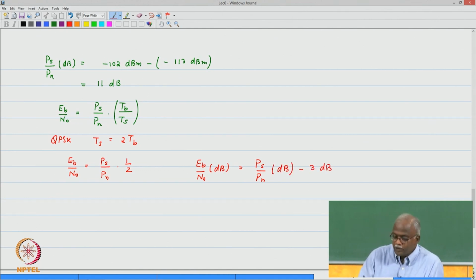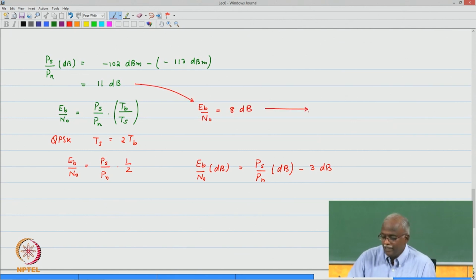Okay. So, in this particular example for QPSK, Eb by N naught would correspond to 8 dB, and for this I am sure each of you can look up a standard textbook like Proakis and tell me what will be the bit error rate at Eb by N naught equal to 8 dB.